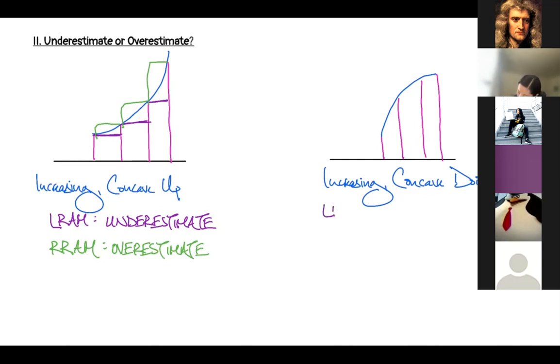Well, let's take a look at this second diagram. I've got increasing and concave down. What are our thoughts? Which one's going to be an overestimate? Which one's going to be an underestimate?